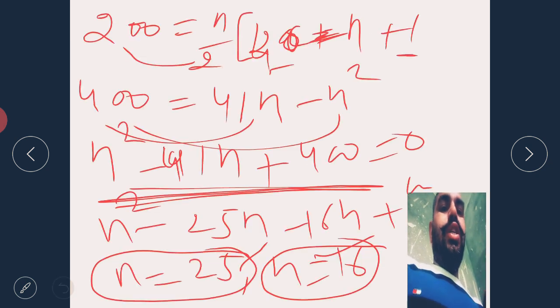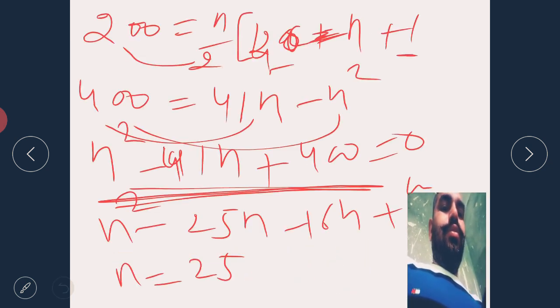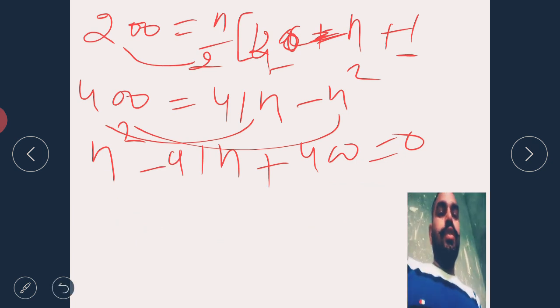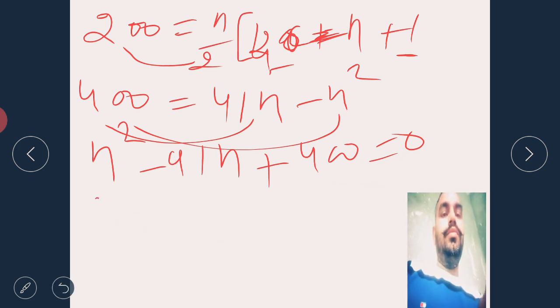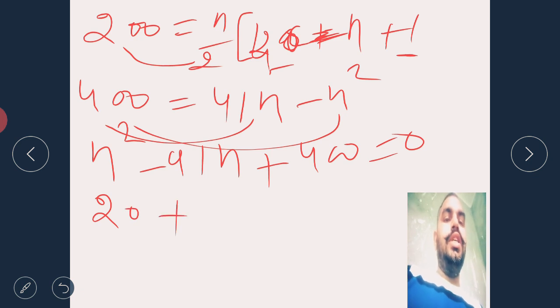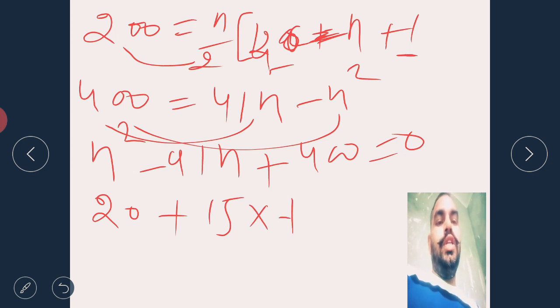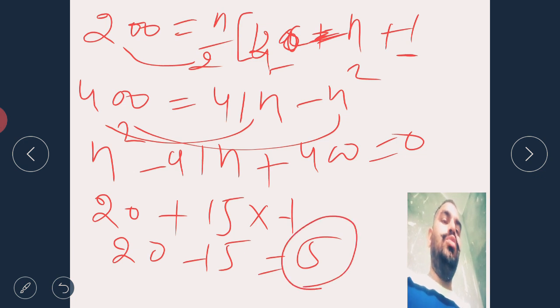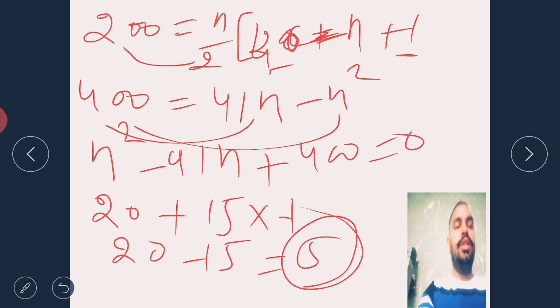A is 20 plus n minus 1, 16 minus 1, 15 into d is minus 1. So what? 20 minus 15, that is 5. So how many logs are there in the 16th row?